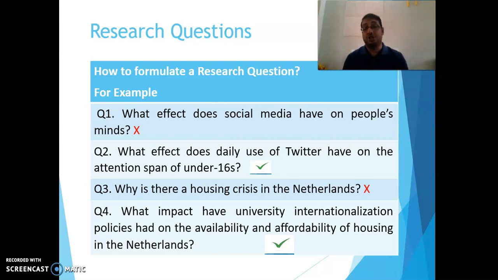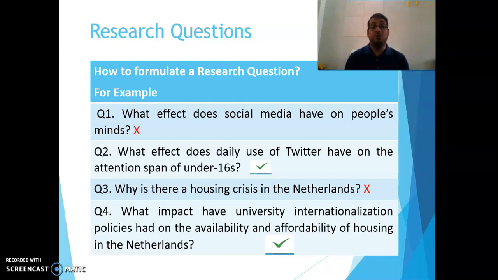Then let's look at question 3 and 4. Why is there a housing crisis in the Netherlands? Then question 4. What impact have university internationalization policies had on the availability and affordability of housing in the Netherlands? So starting with why often means that your question is not focused enough.